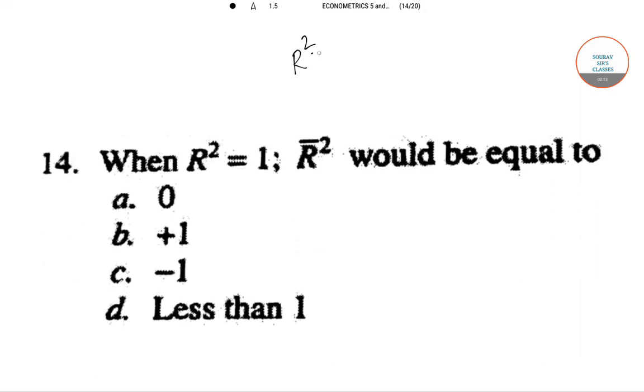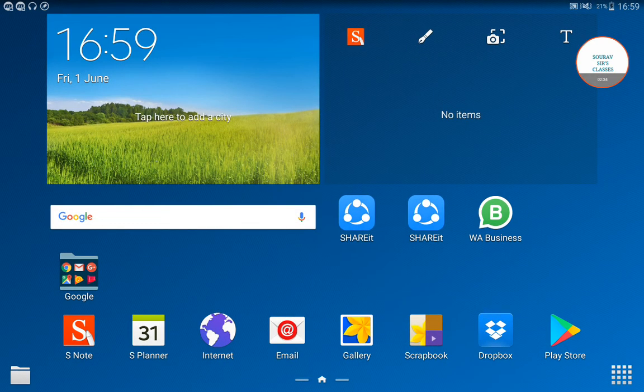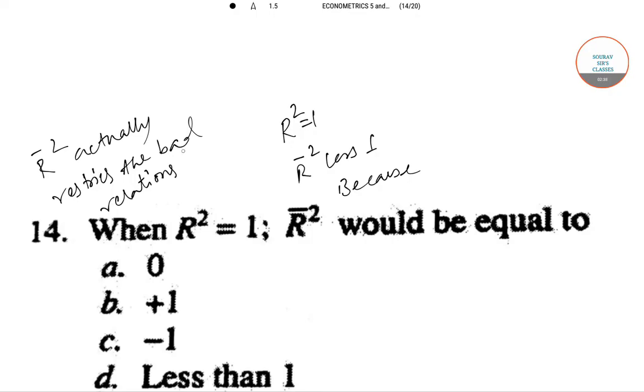If R square equals 1, R bar square will definitely be less than 1, because R bar square restricts bad relations of xi with y.